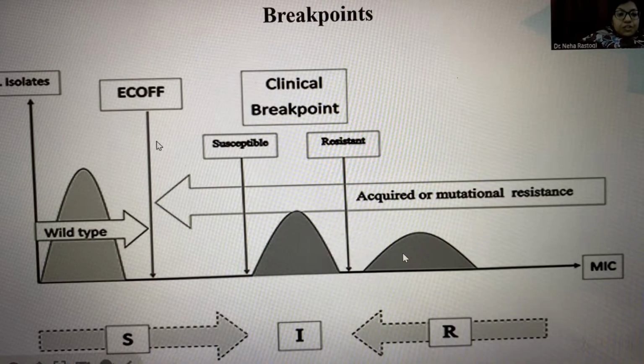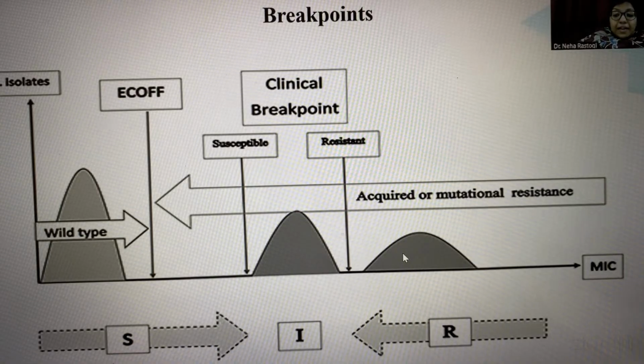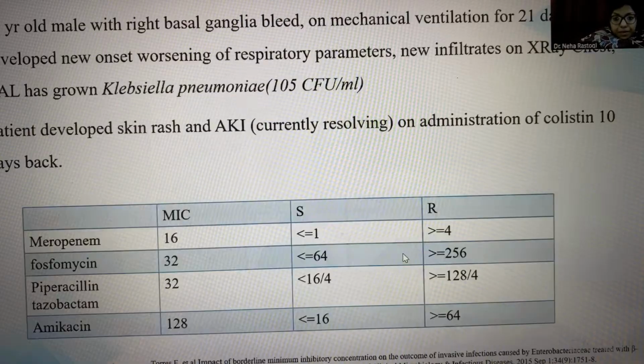Anything which differentiates between the two, the wild type and the mutant type, is your epidemiological cutoff. Whereas the clinical breakpoint differentiates the high likelihood of success, which we call susceptible, from the high likelihood of treatment failure, which we call resistant.